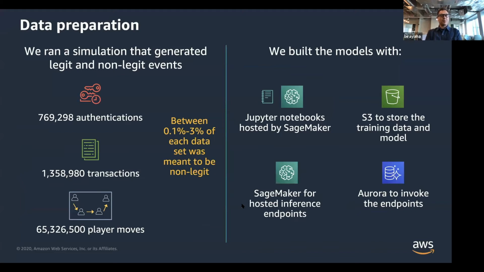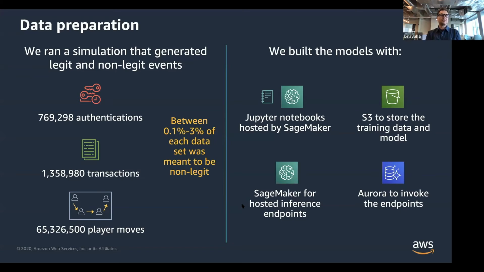So, the data preparation. Just to give you an idea of the amount of data that was included in this experiment, this simulation, we have 700,000 authentication events, 1,400,000 transactions, and roughly 65 million player moves.